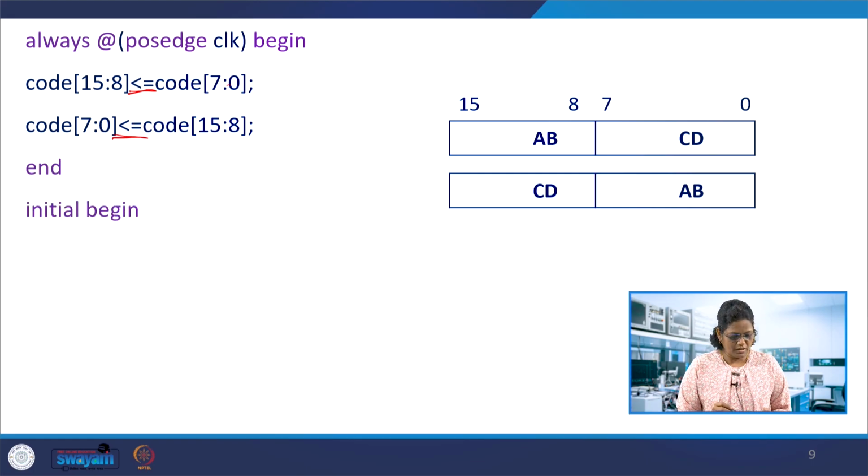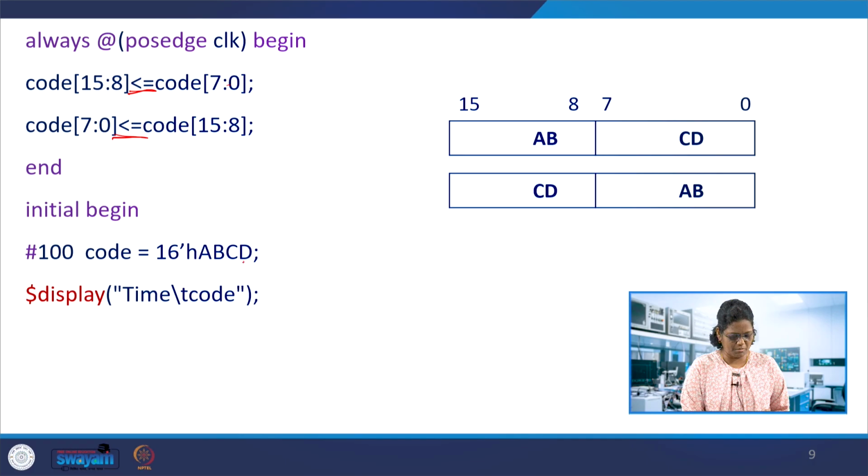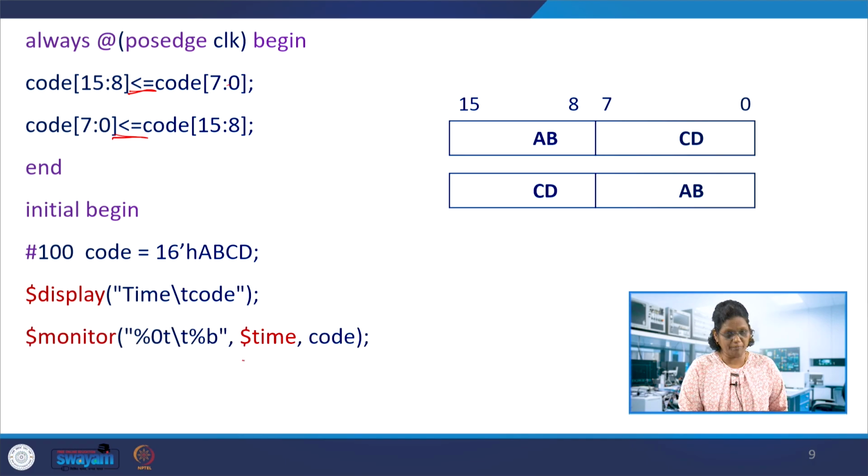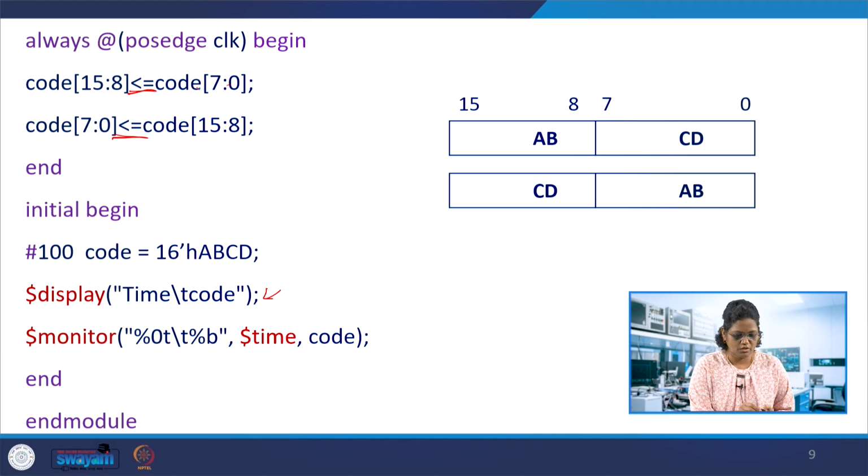So here end, initial, begin, give them this ABCD and plot them, also the code with respect to the time. So end module. Whether the swap can happen or not? Yes, here what is happening: the 0 to 7 content here is CD. The CD is evaluated, it's not assigned immediately to 8 to 15.